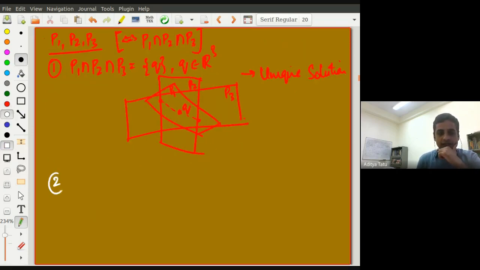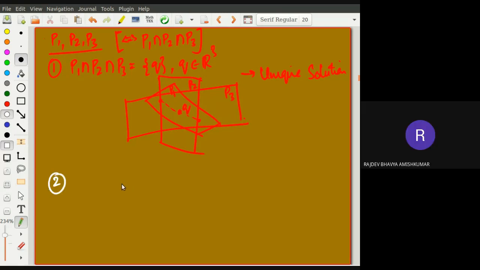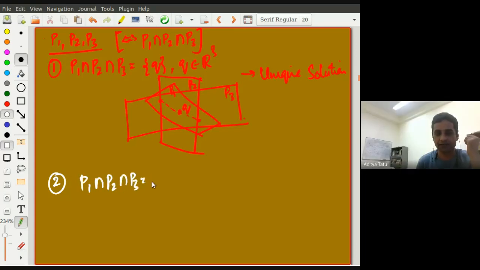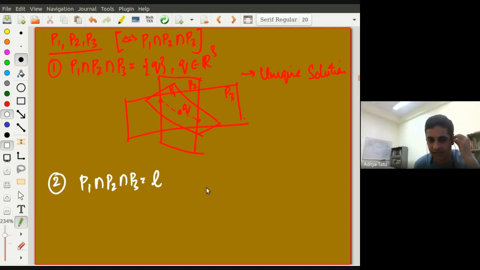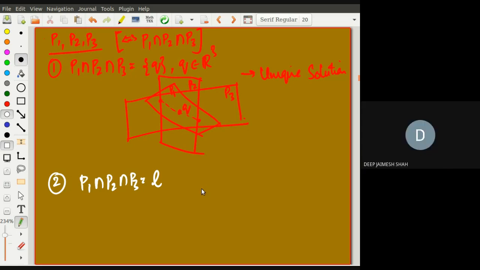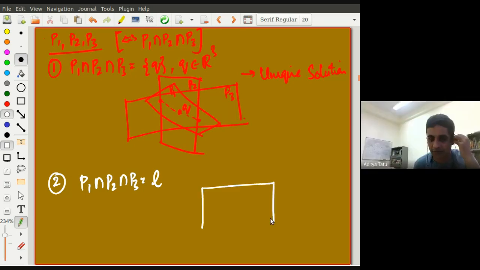What else? What is the other possibility? Intersection would be a line. When can that happen? When two planes are coincident. Parallel or coincident?